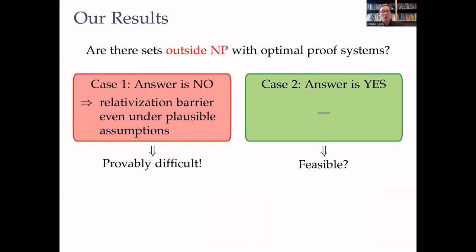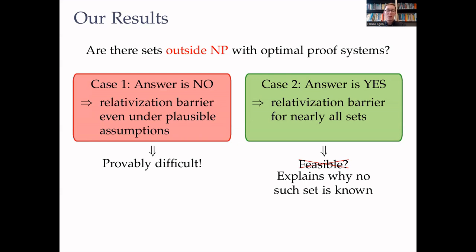Okay, let's get back to the slide where we consider both answers to our question. Now, due to our oracles, for a positive answer, we also have a relativization barrier that holds for nearly all sets. The first oracle gives one for the easiest sets outside NP, while the second oracle provides this for complex sets.